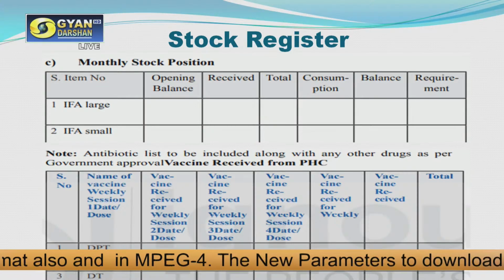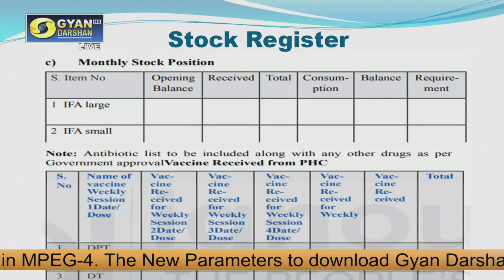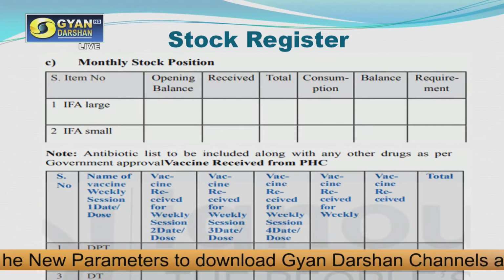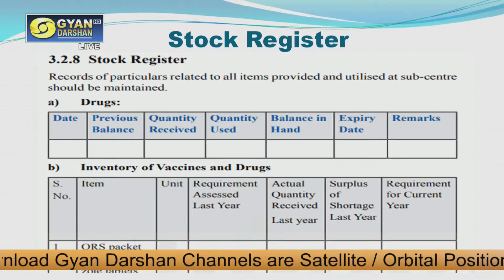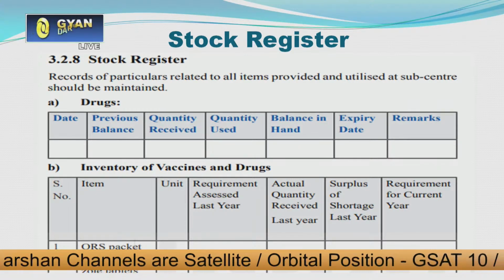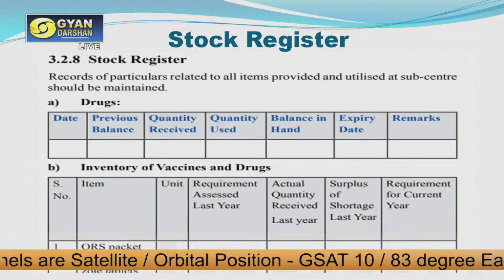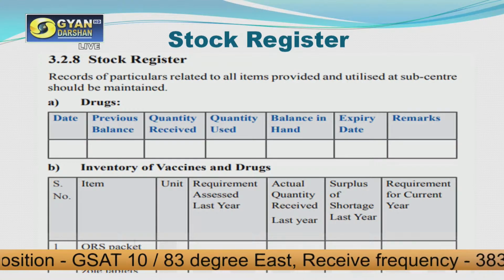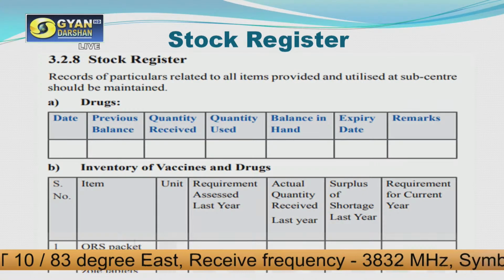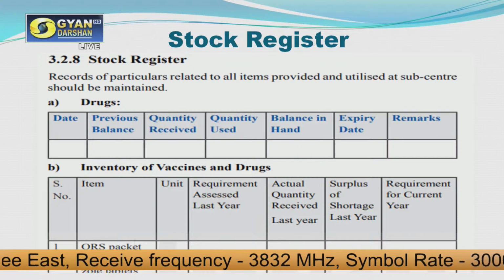And you have to see the requirement that was assessed last year, and the actual quantity received last year. So one thing is the requirement you assessed, and the other thing is the quantity received.